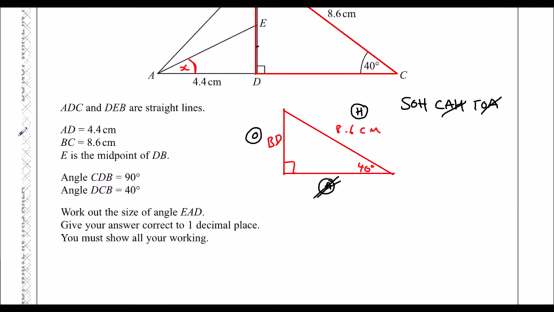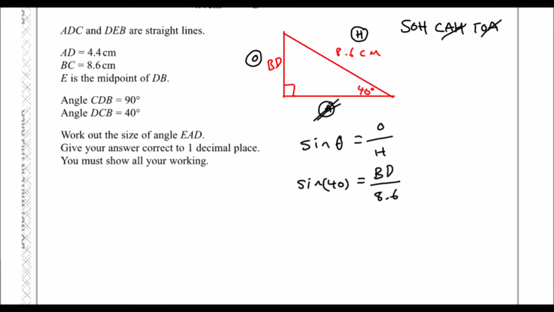SO means that sine of the angle is equal to O over H. So sine 40 in this case, the angle is 40 degrees, is equal to O, which is our BD, over H, which is 8.6. We want to get BD by itself, so we multiply both sides by 8.6. So 8.6 times sine 40 is equal to our length BD.